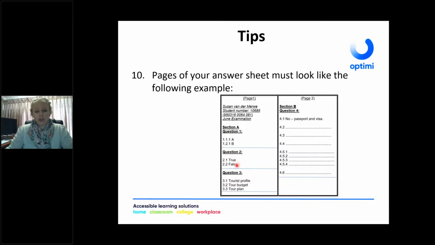Question 2, answer all the questions, draw a line. Question 3, answer all the questions, draw a line. And then especially when you go over to section B, make sure that you write, it's section B, question 4, so that the marker knows which question you are dealing with now. Make sure that you use the correct numbering as per the examination paper. This is also to avoid any confusion. So then the marker can clearly see which answer fits which question.